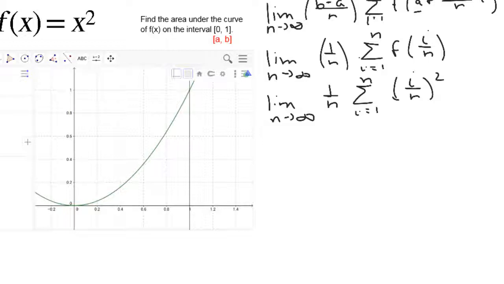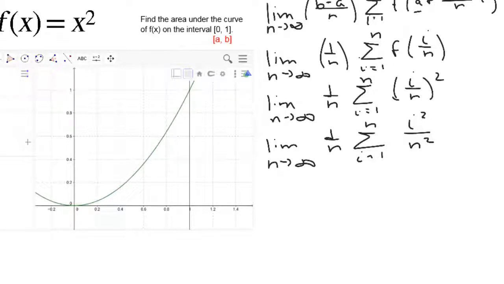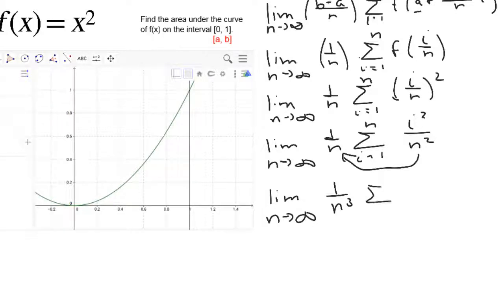So now I've got the limit as n approaches infinity of 1 over n times the sum from i equals 1 to n of i squared over n squared. n squared is a constant, so I can bring that out front, and that gives me the limit as n approaches infinity of 1 over n cubed times the sum from i equals 1 to n of i squared.